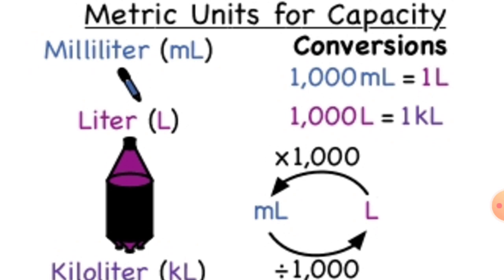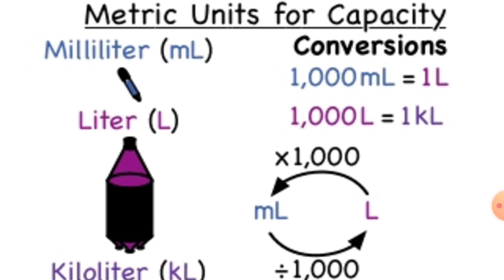Below is written divided by 1,000. That's the sign of division. Up is the sign of multiplication, and below is the sign of division. Now, division is sharing. Good. When you are converting from milliliter to liter, you divide by 1,000.